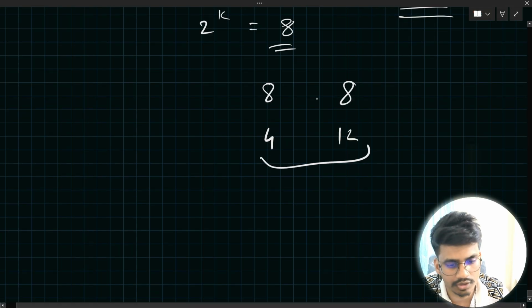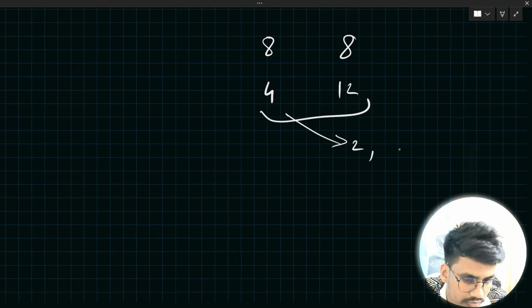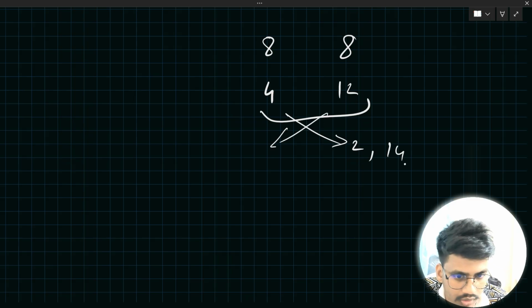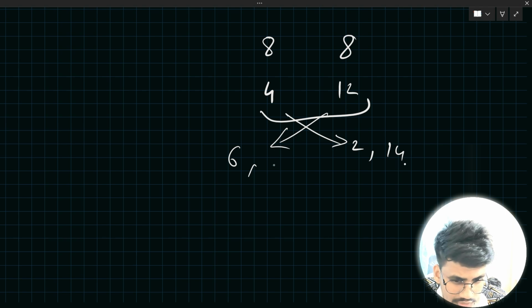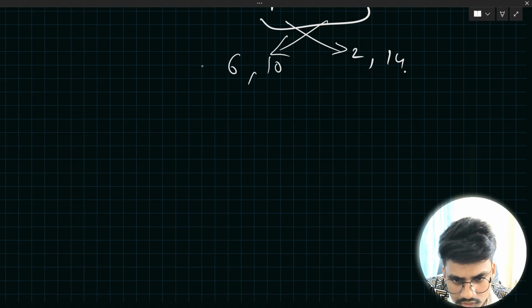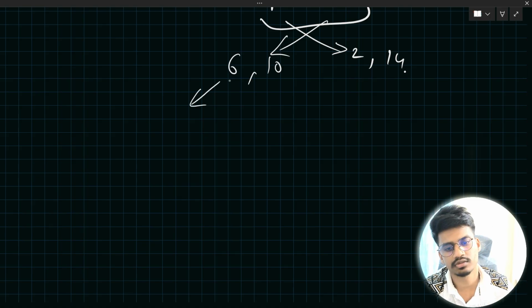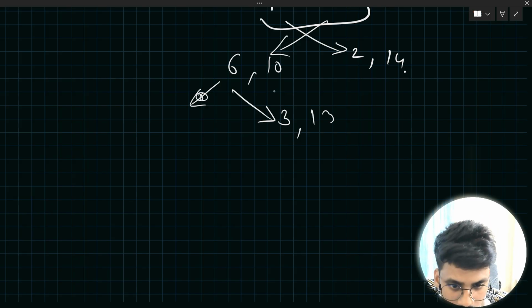Great, now let's build on this. If we give half of this to this, we have 2 and 14. Similarly here it would be 6, and if we gave half of this to this, it would be 6 plus 4, which is 10. Okay, again let's do the cross. Half of this is 3 and we have 3 plus 10, which is 13. I can make 13 here, or I can make 5 and 5 plus 6, 11.